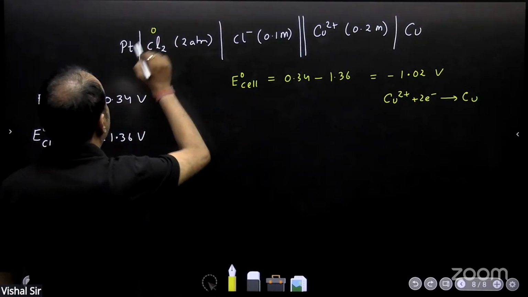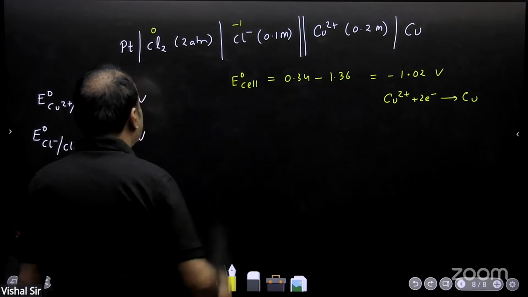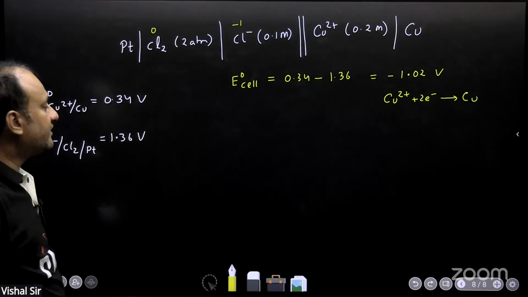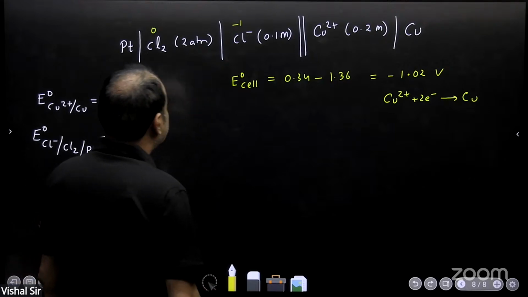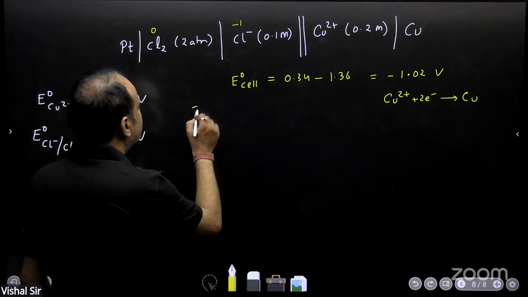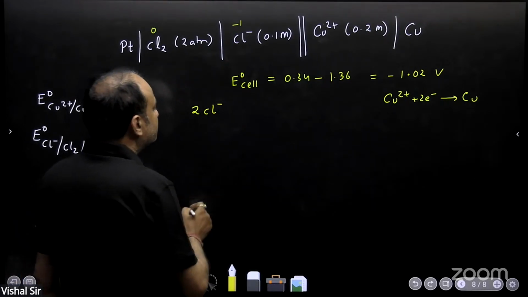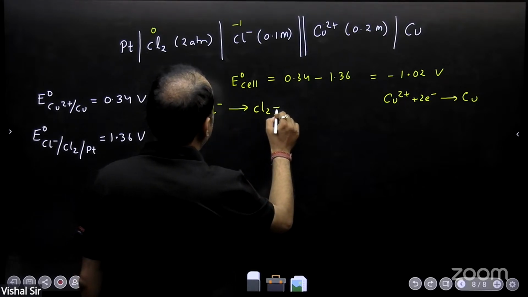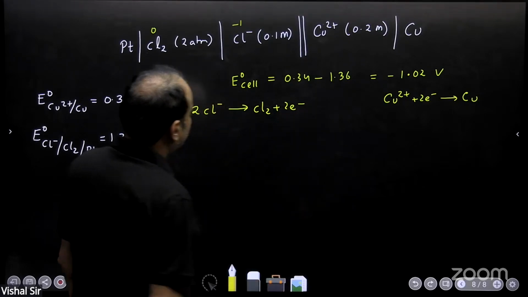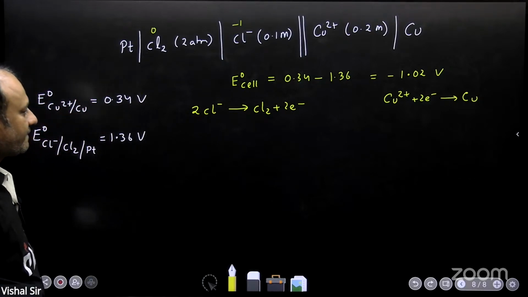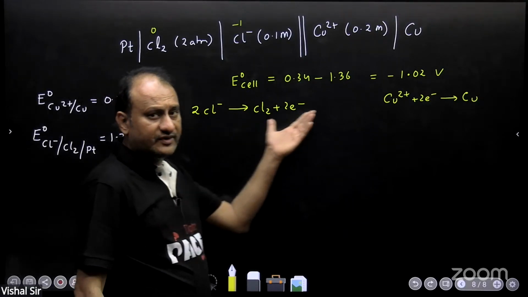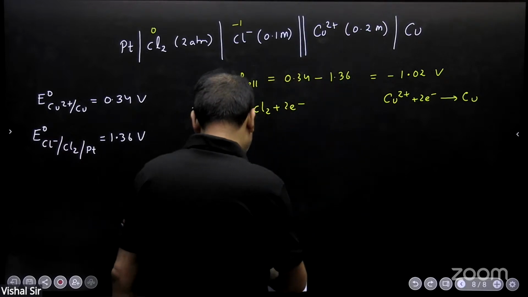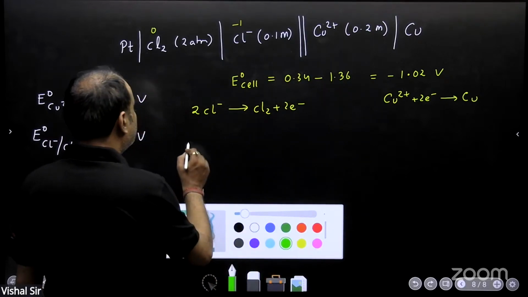Here the oxidation states are 0 and minus 1, so the lower oxidation state is minus 1 and the higher is 0. So the reaction here will be 2Cl minus goes to Cl2 plus 2 electrons. Again, as we can see, N factor is 2, since 2 electrons are involved in both cathode and anode.